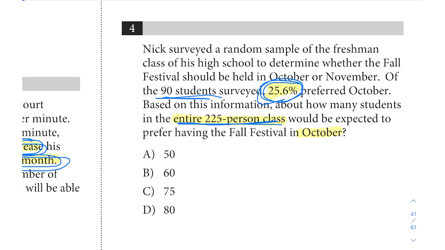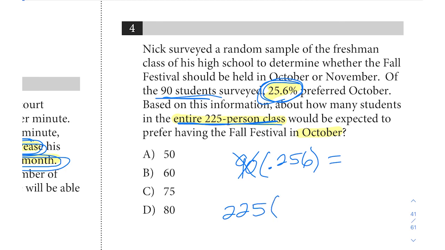So just make sure that we do the correct multiplication here, because a lot of times on these questions we accidentally pick the wrong number. I see a lot of students on this question do 90 times 0.256, and that would give us how many students in the sample said October, but that's not what they're asking us for. So be careful with that.